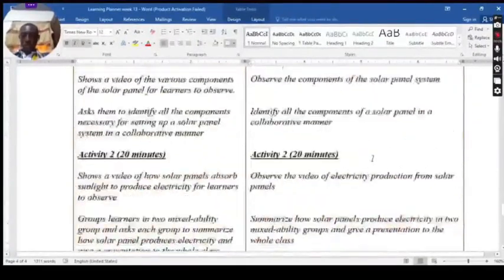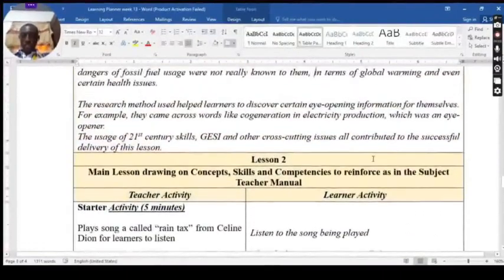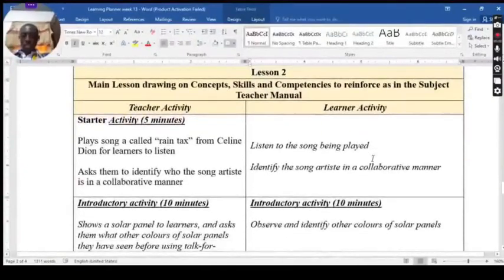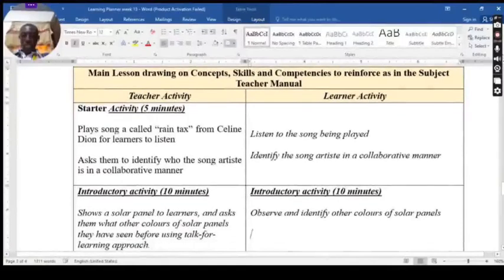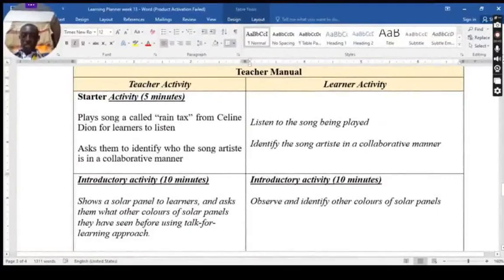You're going to create a different starter, different activities, and a different introduction. You're not going to copy and paste lesson 1 items into lesson 2. So the starter in lesson 2 is different from the starter in lesson 1. How you start your lesson shouldn't be monotonous, so don't copy and paste. Now look at the starter for this one.